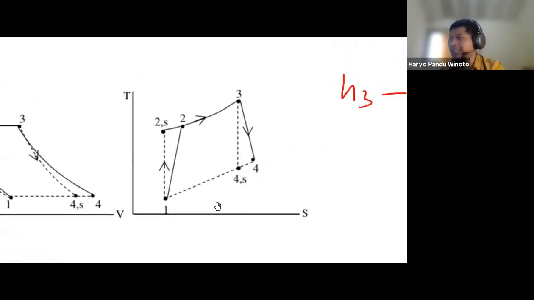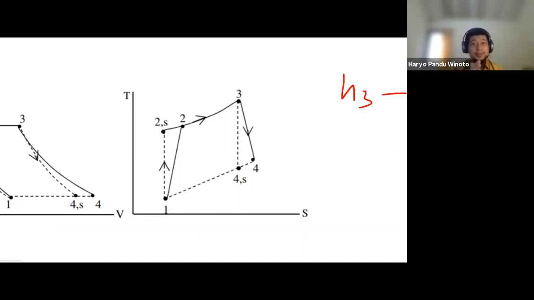I'm not talking about the compression first, because our main actor in any heat engine cycle is always the expansion. That is the main actor. We want to utilize that one.